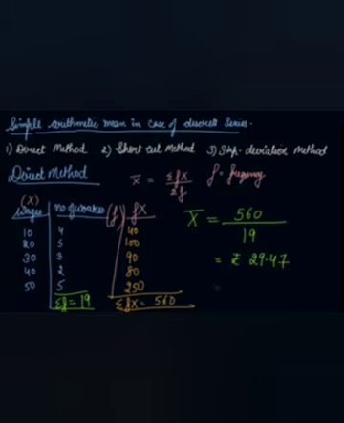So the average wage of the workers is rupees 29.47. This we found in the discrete series using the direct method. Just one change from the individual series: there are frequencies, so you just have to multiply the frequency with x, the variable.